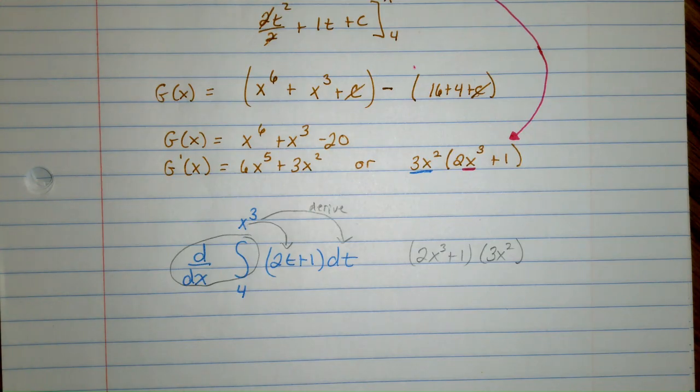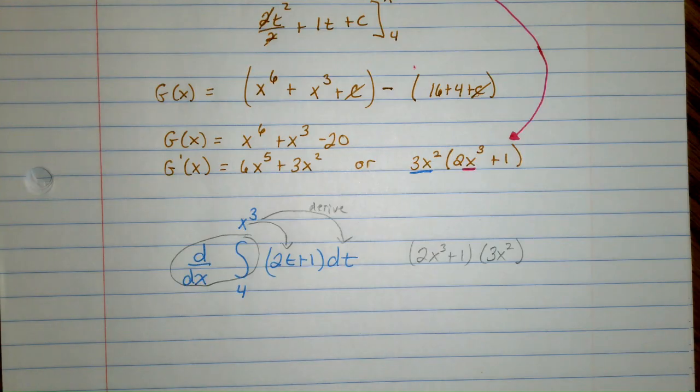Now, some people will ask about rules, like, well, what if it's this, or what if it's that, or can we turn things into a second fundamental theorem? Yes, but generally, if you have the second fundamental theorem of calculus, you're going to have a variable for your upper bound.